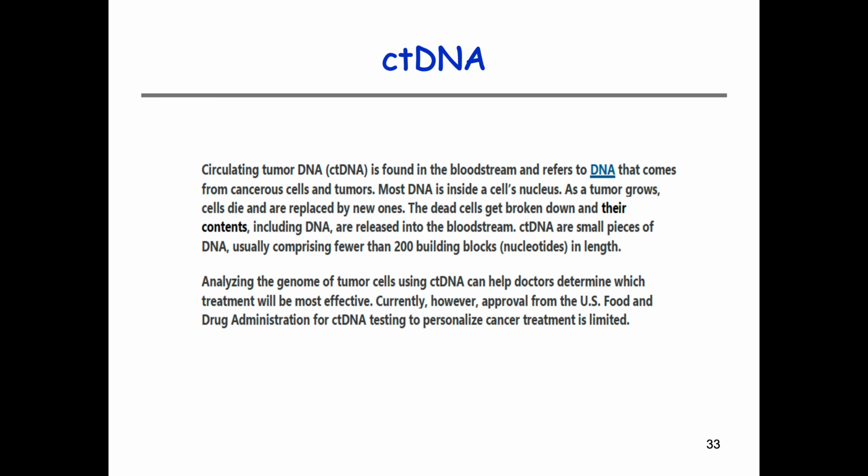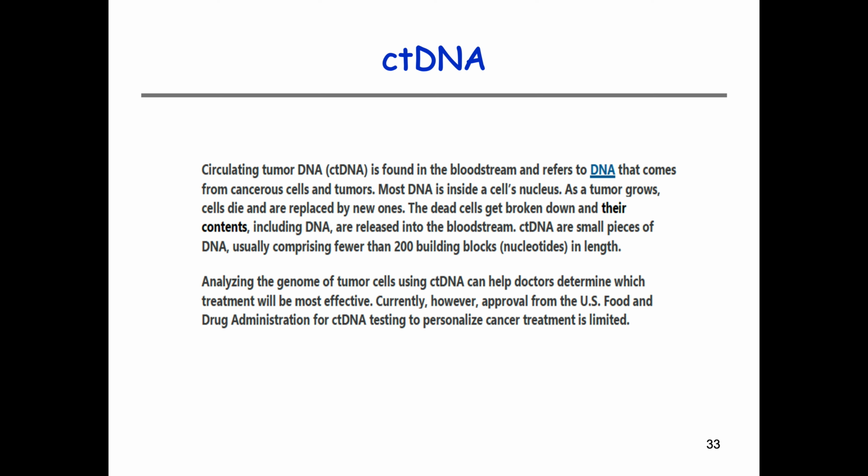ctDNA is circulating tumor DNA that is found in the bloodstream and refers to DNA that comes from cancerous cells in a tumor. Of course, most DNA is inside a cell's nucleus, but as a tumor grows, cells die and are replaced by new ones. The dead cells get broken down, and their contents, including DNA, are released into the bloodstream.